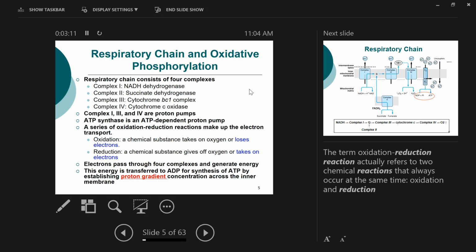For example, complex 1 is called NADH dehydrogenase, but it doesn't have just this one enzyme. Several other enzymes work together, mainly for the dehydrogenation function.